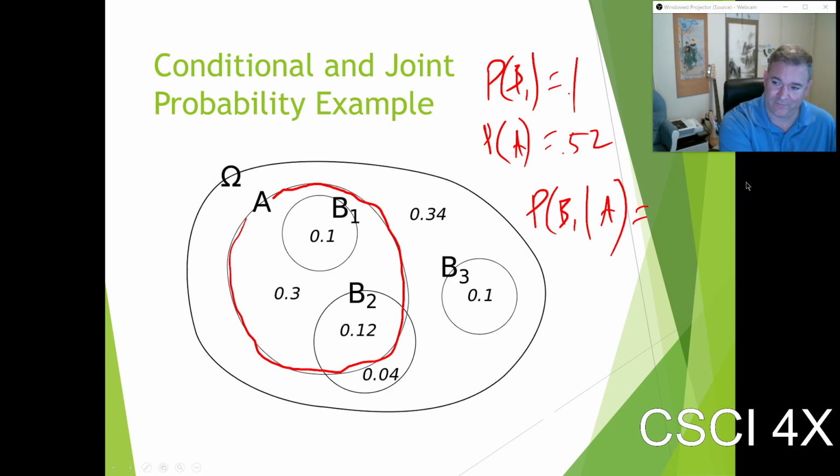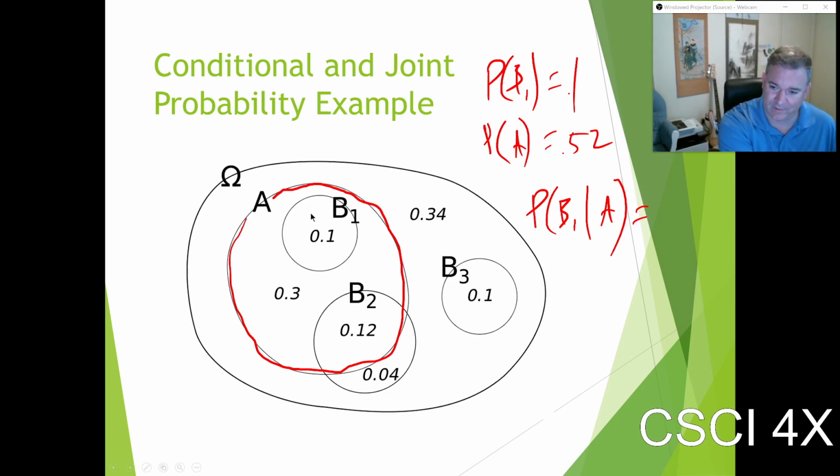Now you can't have a probability of 4. That doesn't make sense. What is the probability that B1 happens, given that we know we're somewhere within here? We can disregard all these other people. They don't exist. We know that A happened. So this is the new field of possibilities. We have this many outcomes that are B1, this many outcomes that are not B1 or B2 but A, and this many outcomes that are B2.